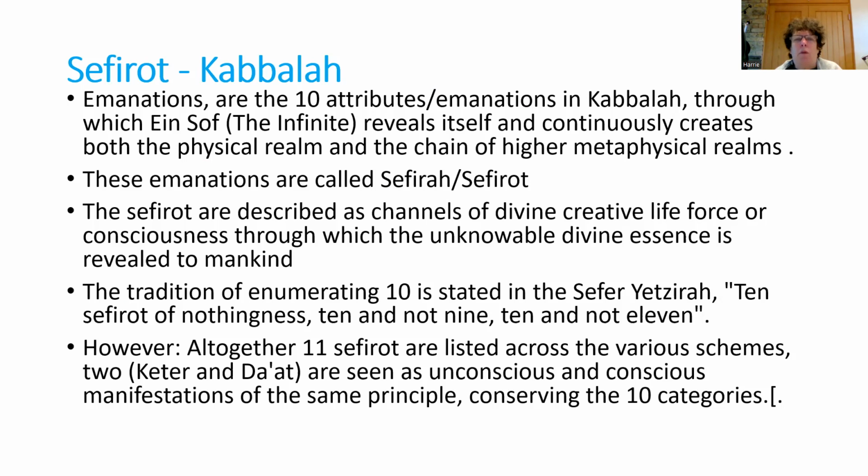And the tradition of enumerating 10 is stated in the Sefer Yetzirah before Kabbalah. 10 Sephirot of nothingness, 10 and not 9, 10 and not 11. They know that it's 10.